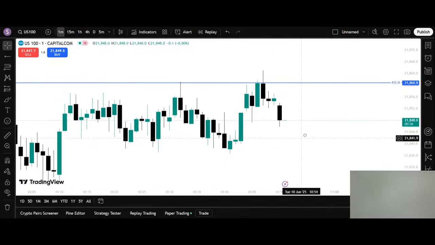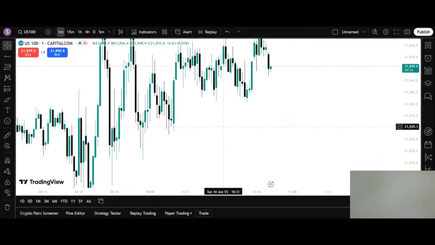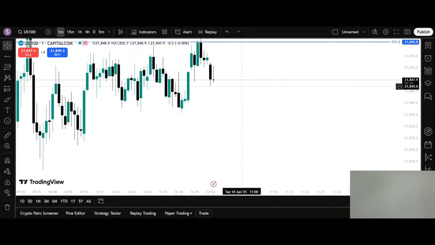Might. That might is a very strong might. It has to break this with momentum for me to sell. Just break this low to make me convinced of a sell.